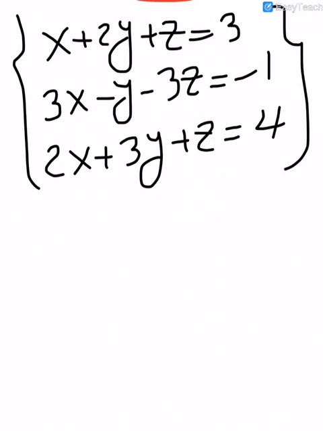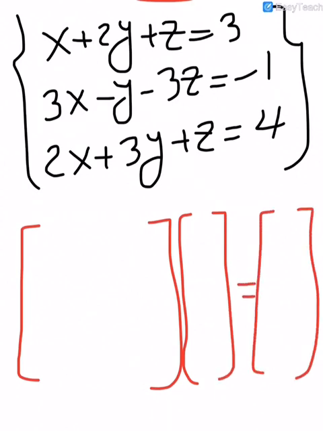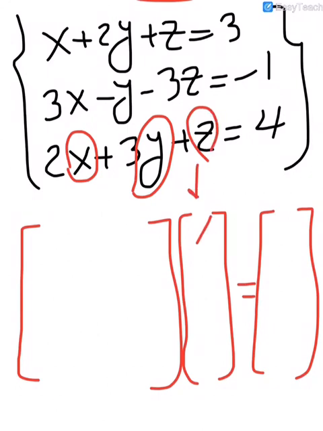I want to show you a very simple way we can use matrices to solve these equations. So you write like this, you make a matrix like this one, you make another matrix, equal to. What we do in here is put the variables x, y and z in here, and then we put all the coefficients as a matrix.